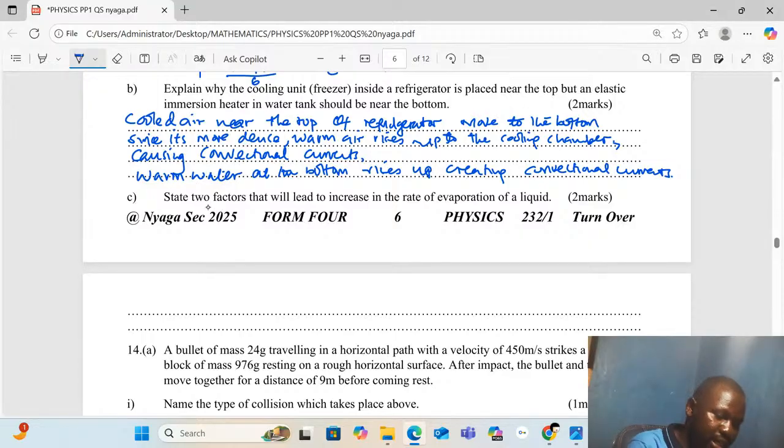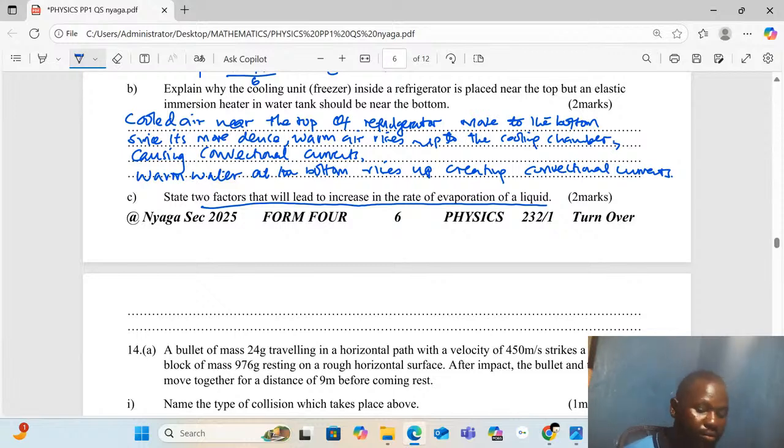State two factors that will lead to an increase in the rate of evaporation. Remember, evaporation takes place on the surfaces of liquids, no matter at what temperature, but it continues to evaporate. There are factors that will accelerate the rate of evaporation. We can give two.